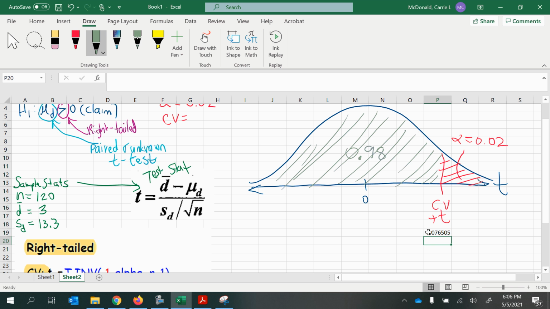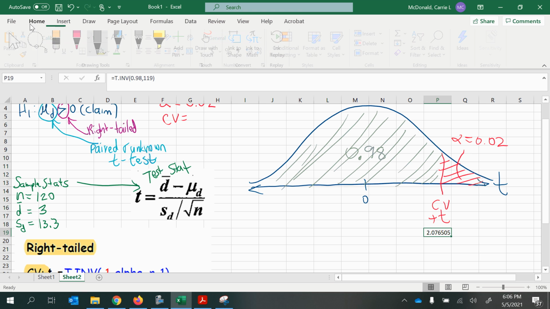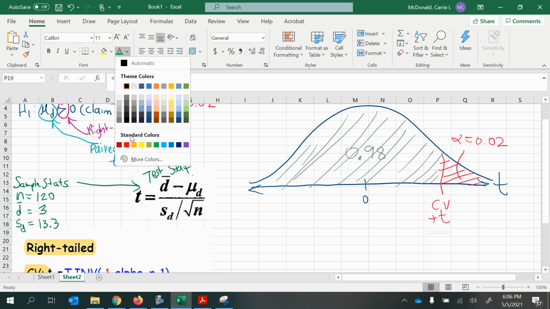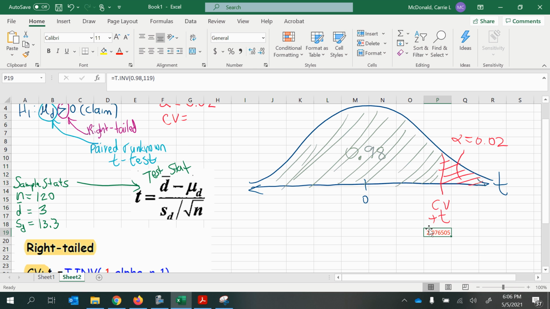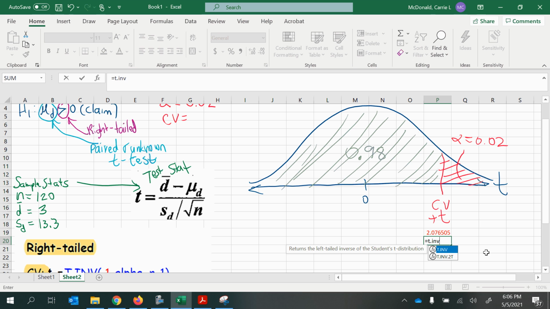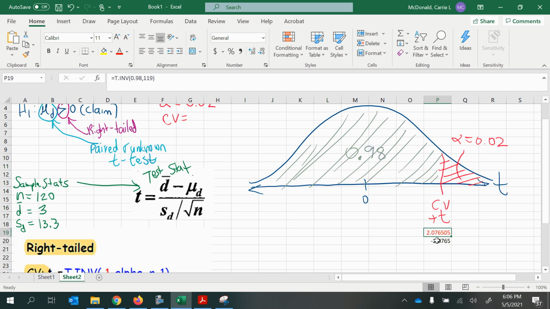So there is our critical value. Now make sure that it's positive because it is to the right of 0. It's a boundary to the right of 0, so it should be positive. Now let's say you made a mistake and you did t dot inverse and you put in the 0.02. Then you would get the same answer but negative.